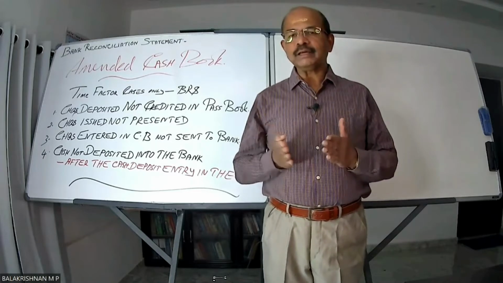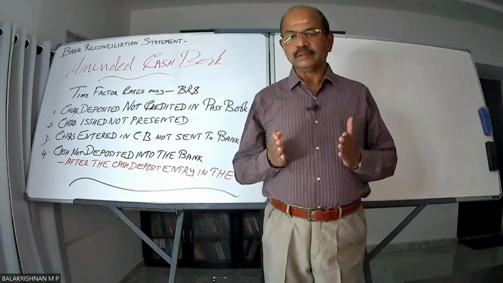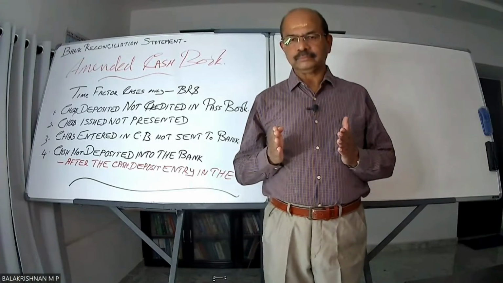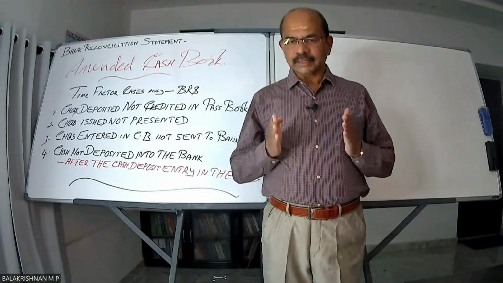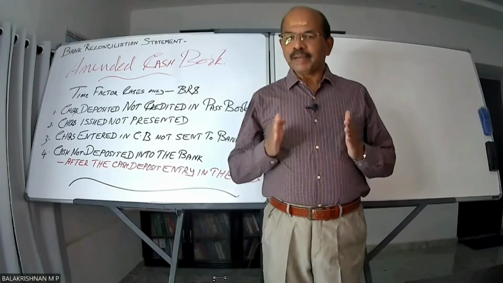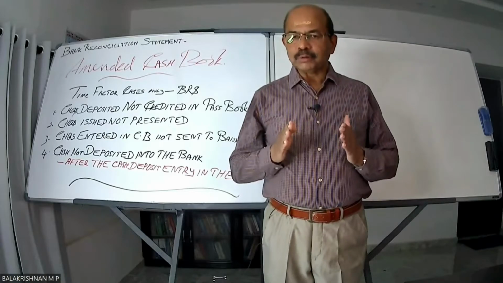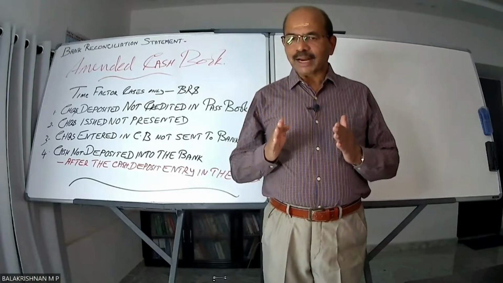Why do you want to show it here? Why do you want to make the bank reconciliation statement so unimpressive? He won't allow that. In that case, most of the items that I will tell you afterwards will be accommodated in the cash book by way of an incorporation or adjustment entry.